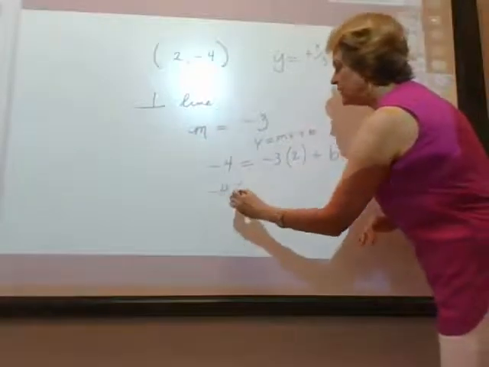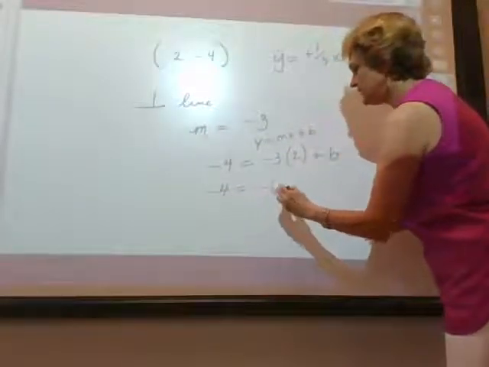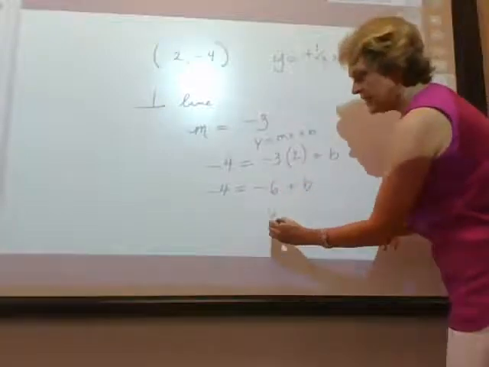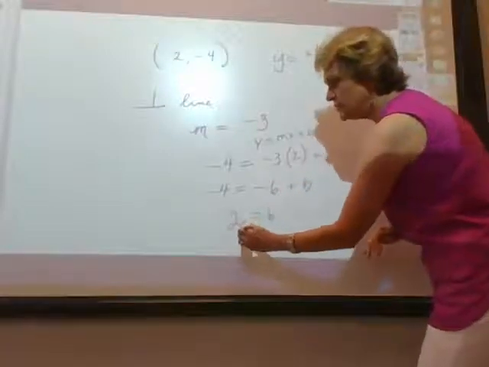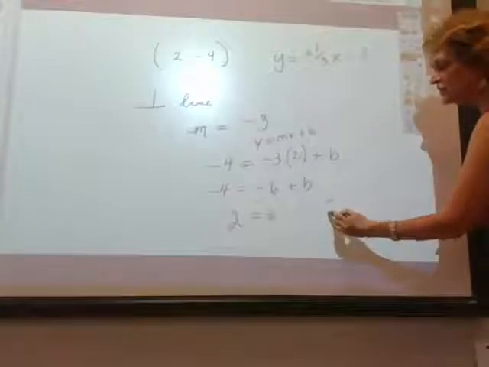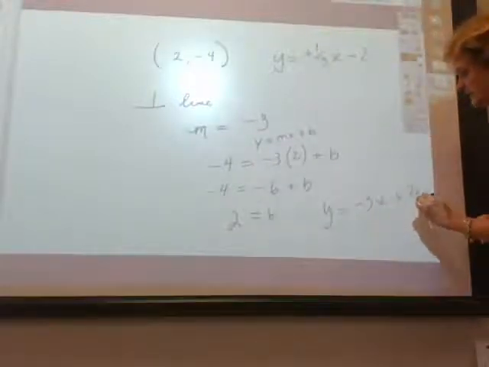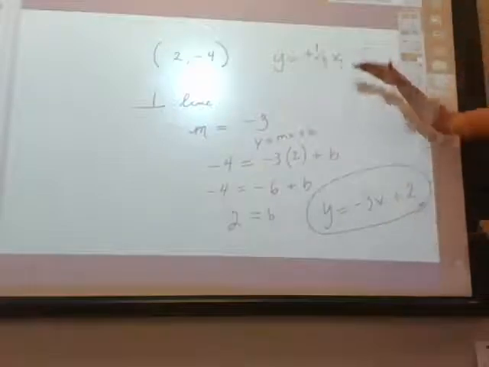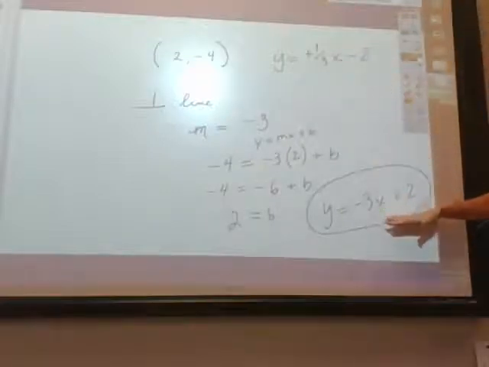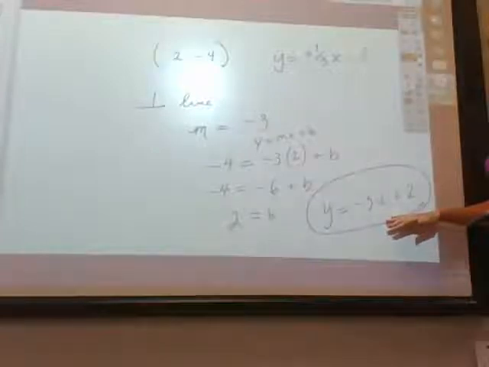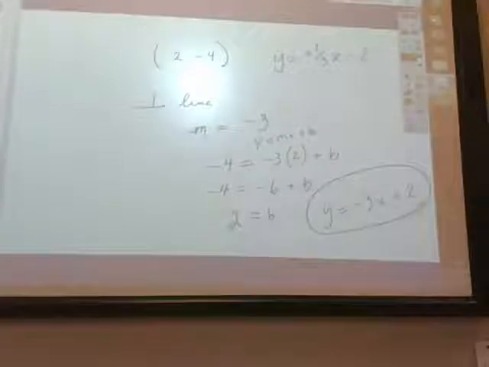So -4 equals -6 plus b. So b then would be 2. So the equation of my line is y = -3x plus 2. So this line and this line would be perpendicular to one another. All right, so that's your little extra. Very important that you still do that, okay?